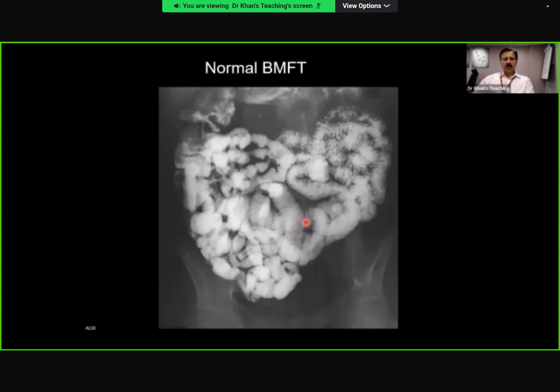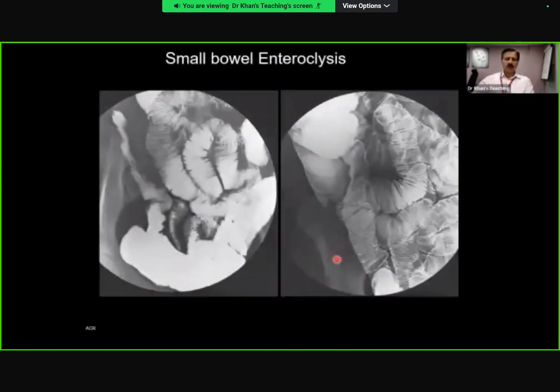This is a barium meal follow through. You can see the normal feathery pattern of the jejunum, and as we go distally, you can see that there is paucity of the valvulae conniventes. Now, this is small bowel enterocolysis.